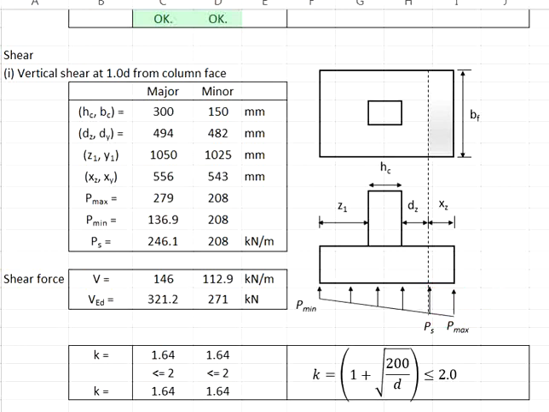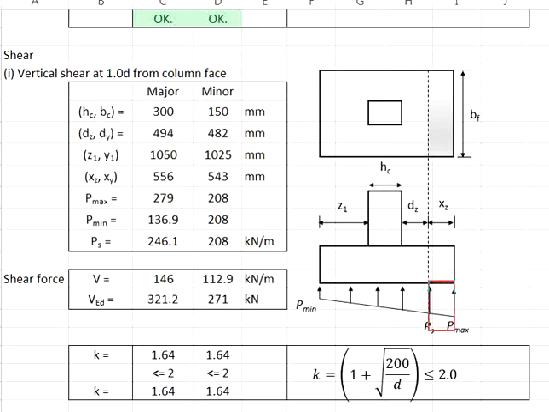This is calculated by multiplying 1 over 2 with the summation of the Ps and the P maximum, which is 279 plus 246.1, and then multiply by the width, which is xz, 556 mm.